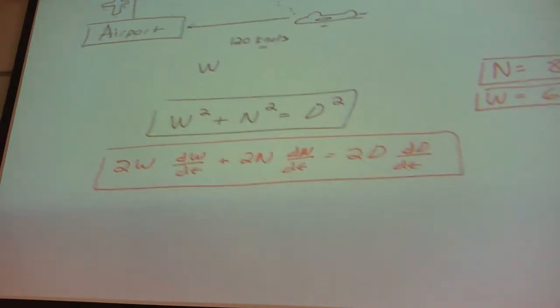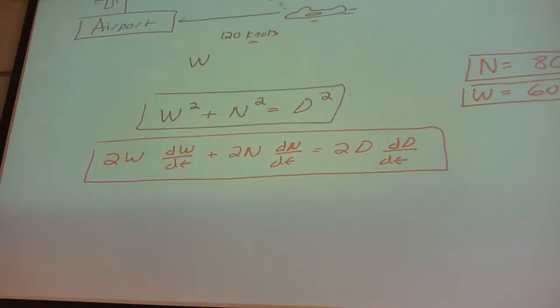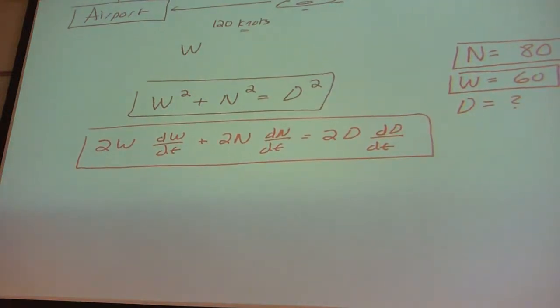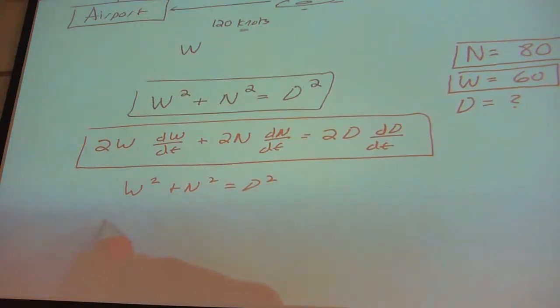So let's stop there a second. I know the northbound. I know the westbound. What do I not know? I know N. I know W. What am I missing? D. So, stopping there for a second, can I solve for D if I know N and W? Okay, so W squared plus N squared equals D squared. W is 60, N is 80.